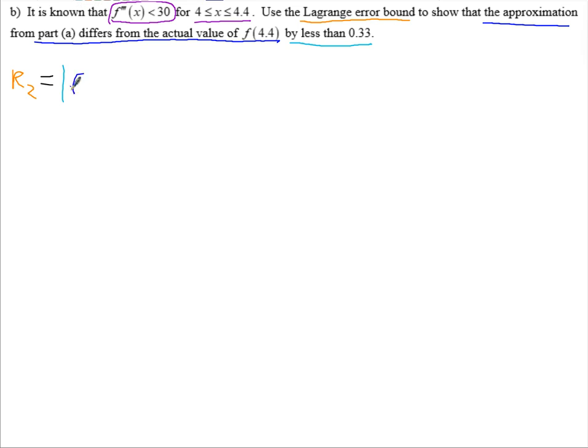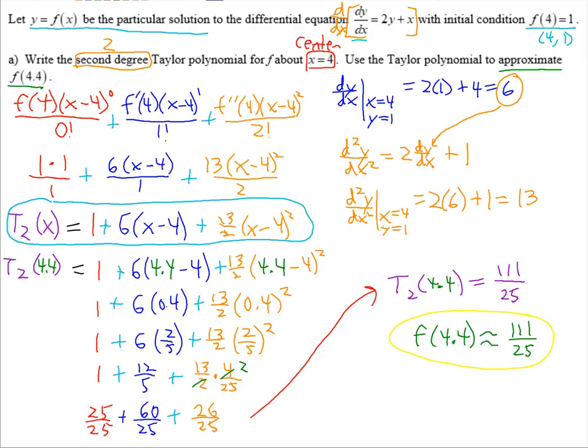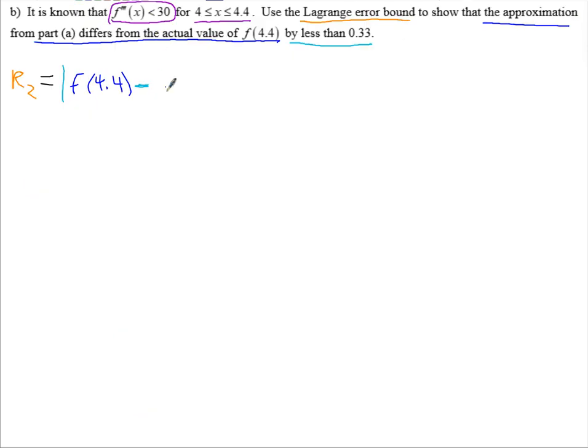The differs, that's like minus. Our approximation was T sub 2 of 4.4. Okay. So that's less than or equal to. And then, this is the actual value. This is our approximation.